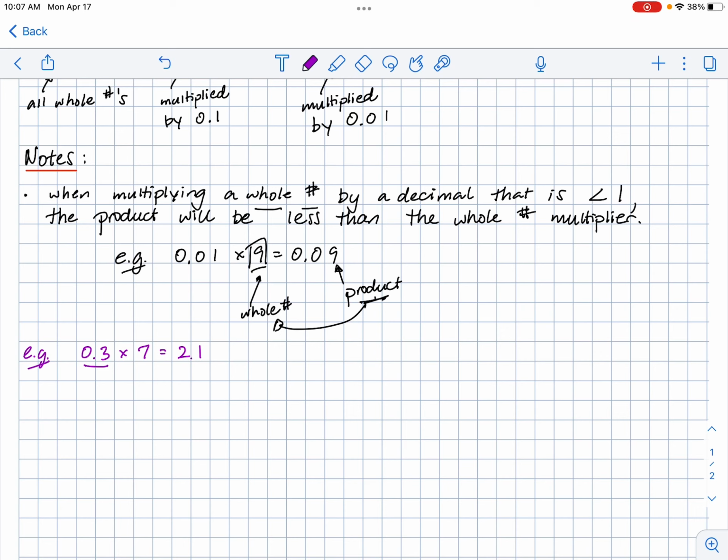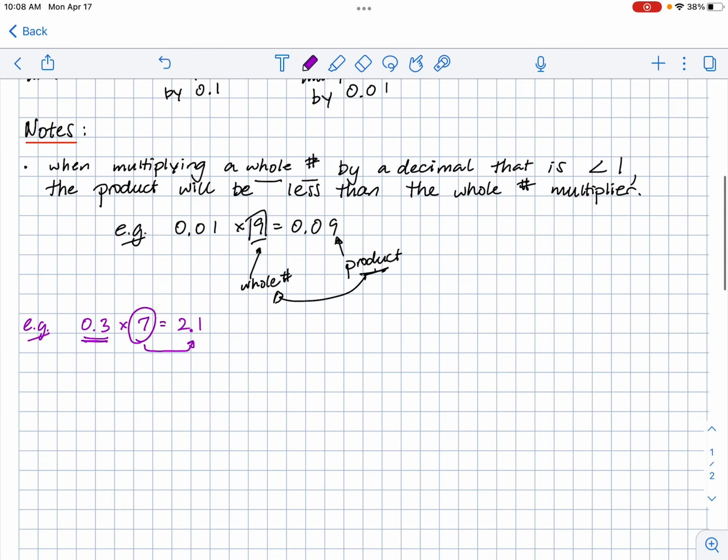The answer has to be 2.1. Again, this also applies to the notes up here. The whole number multiplier is 7. The actual product has to be less than the whole number multiplier because you are multiplying by a decimal that is less than 1. So the answer to 3/10 times 7 is 2.1, okay?